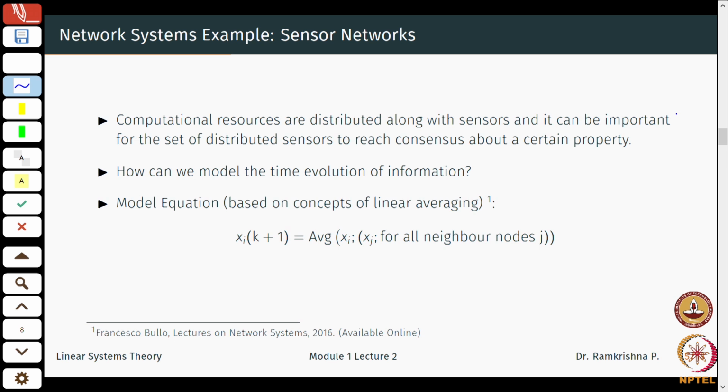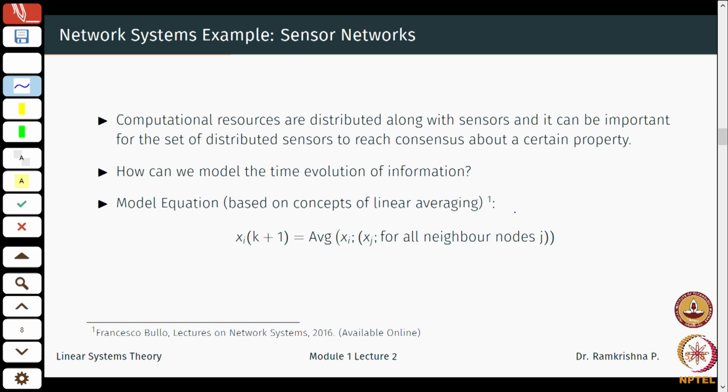Now, how can we model the time evolution of this information, that I just put it at t equal to 0, different sensors might give me slightly different initial temperatures, maybe 32.1, 31.8, somebody might give me 32.5 and so on. How can we model the evolution of this, or reach a consensus for a temperature or humidity in an area? Okay, one model is based on the concept of linear averaging.